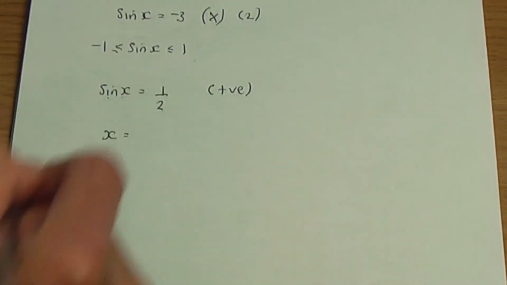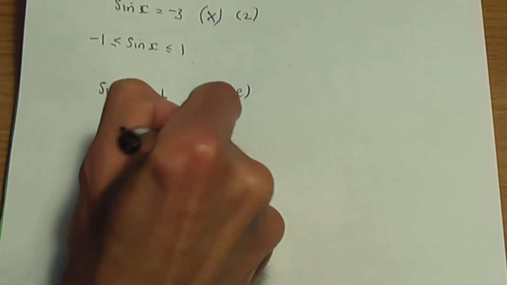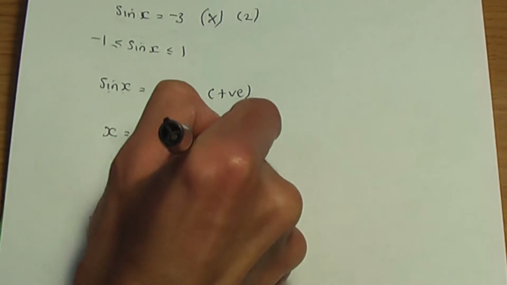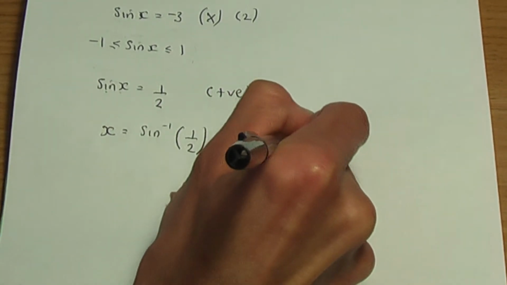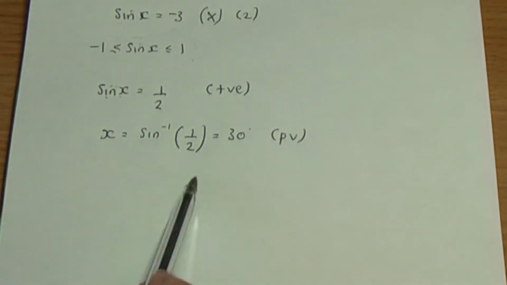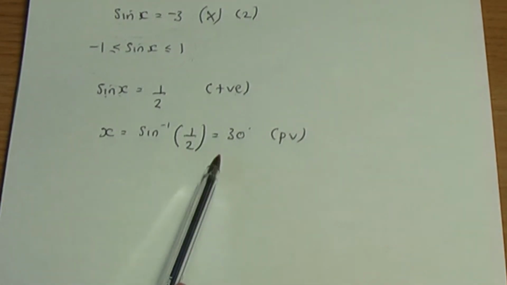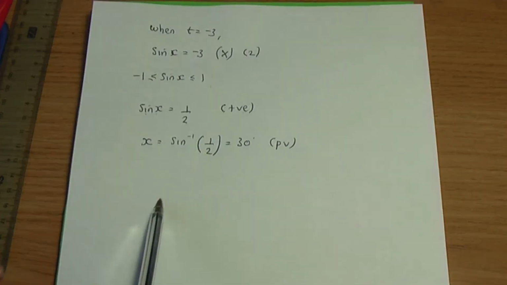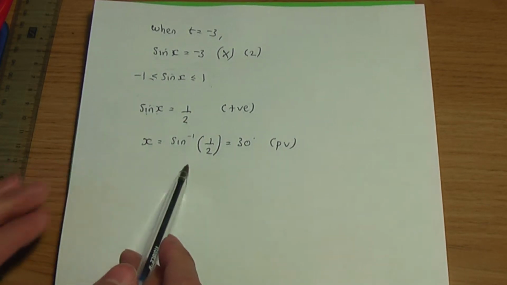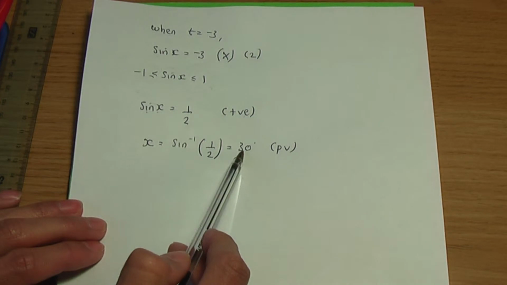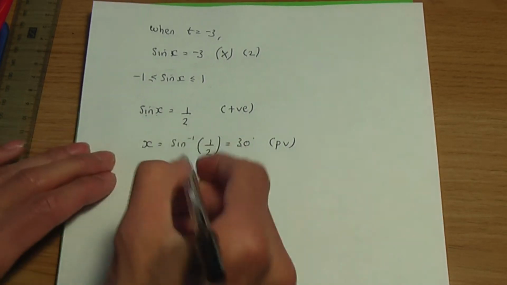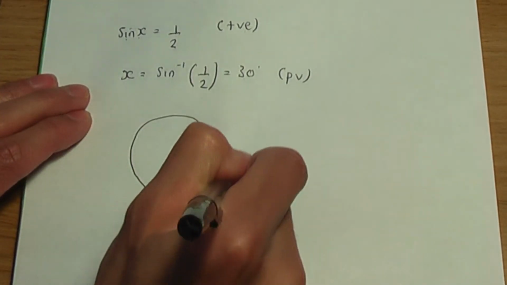To find the angle that we need to plot, let's work out the inverse sine of half. And the inverse sine of half is 30 degrees. That's a standard result, in that sine of 30 gives you half. So going back to what I said, we need to plot the angle which is 30 degrees where sine is positive. So let's have a cast diagram.